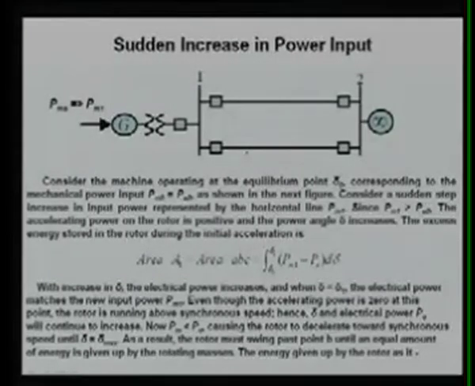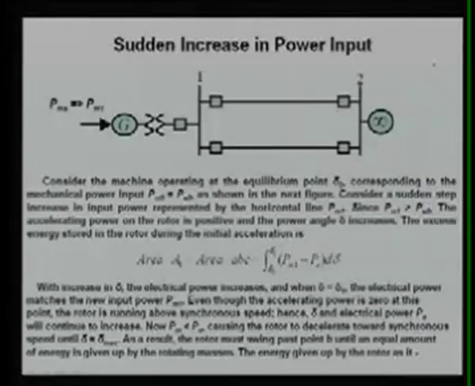Let us consider a sudden increase in the power input. Here this is your system, this is the infinite bus, where earlier it was operating at PM0, and then we suddenly increased it to PM1. Consider the machine operating at the equilibrium point delta naught.